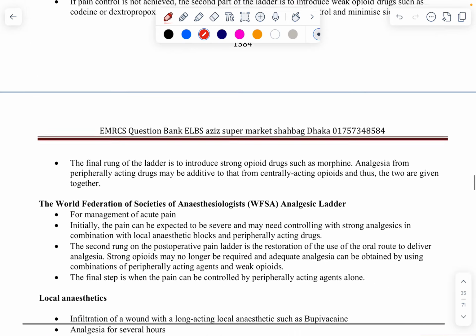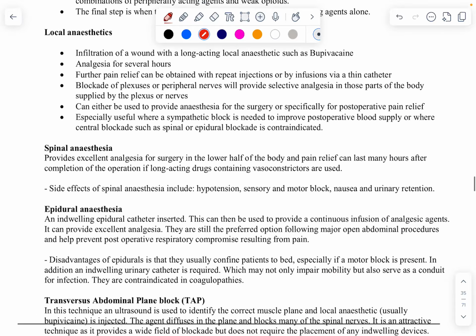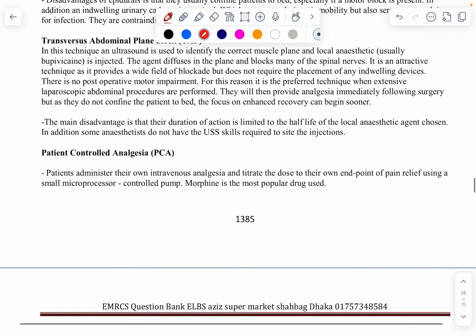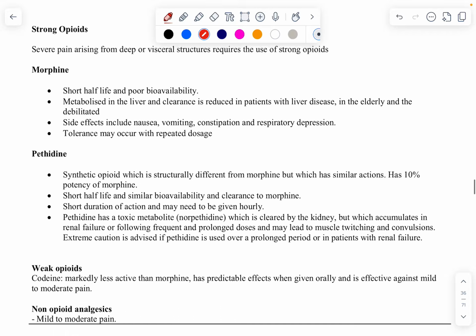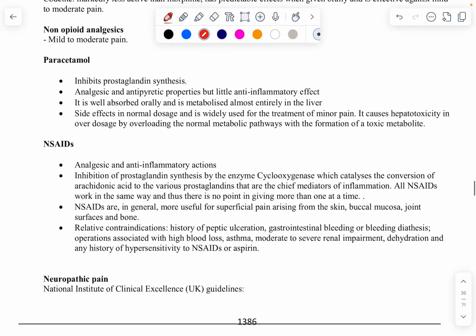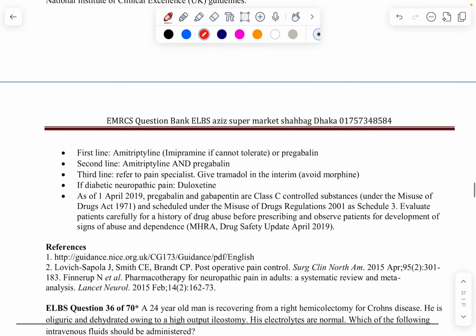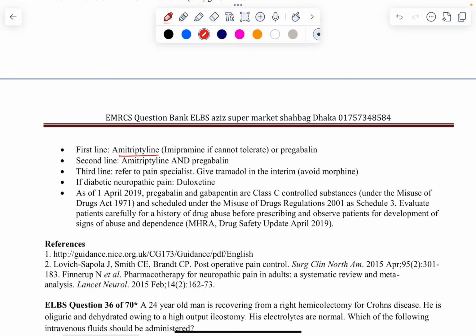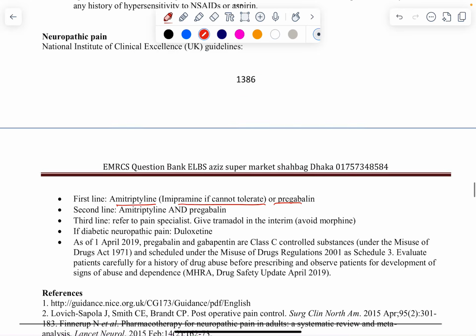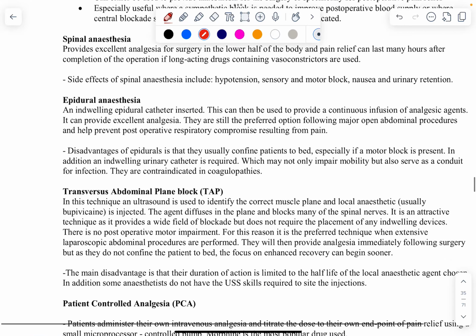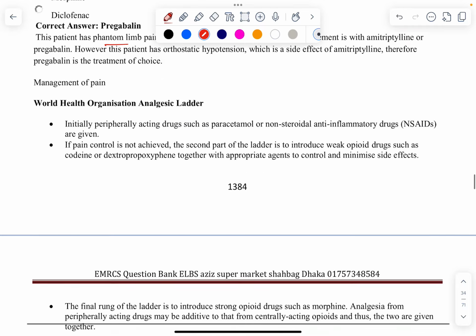Now there is the pain ladder: local anesthetic, spinal anesthesia, epidural, TAP block, patient-controlled analgesia, morphine, pethidine, weak analgesics. For neuropathic pain, the first line is amitriptyline. If amitriptyline is in the options, that is the first line.